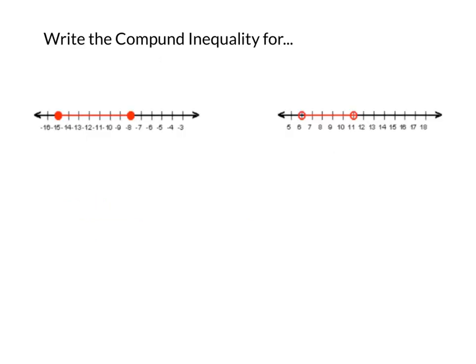Let's write a couple of compound inequalities. In this first graph, I notice that I have dots on -15 and -8, and what's highlighted is what's in between them. So what we're looking at is really this overlapping region where the first part is that x is going to be greater than or equal to -15, and this part where x is less than or equal to -8.